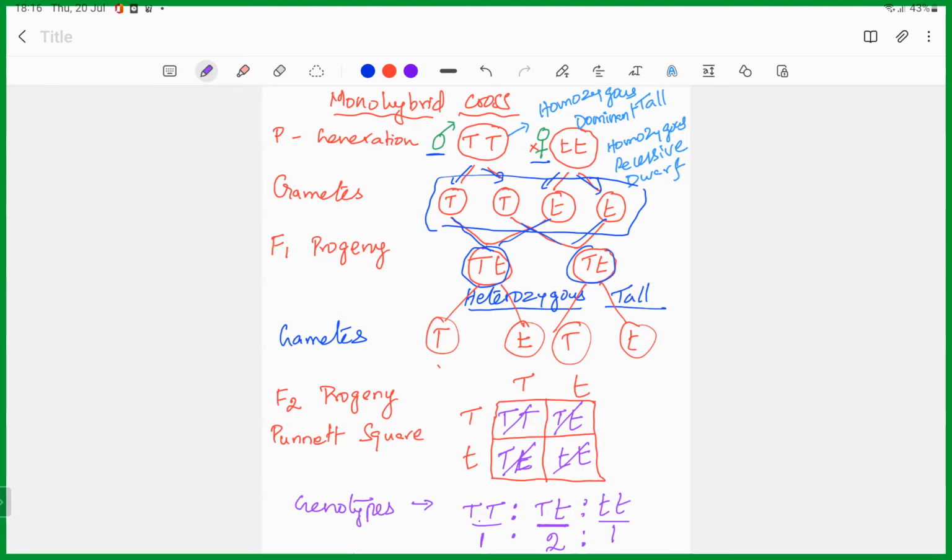One is called the law of dominance. Another one is called the law of segregation. What are the two laws? The law of dominance and the law of segregation.